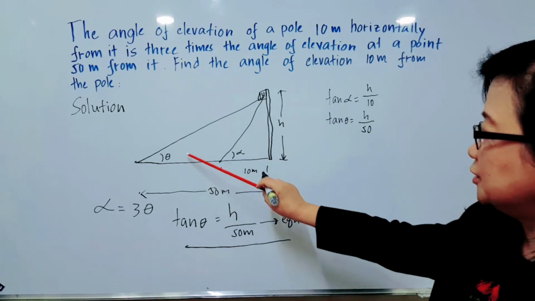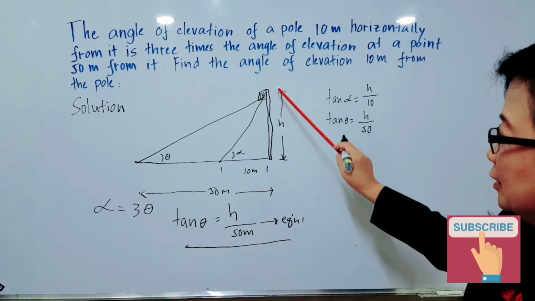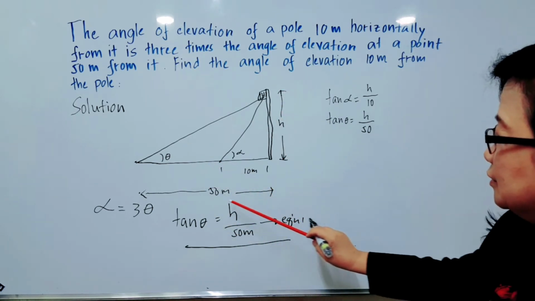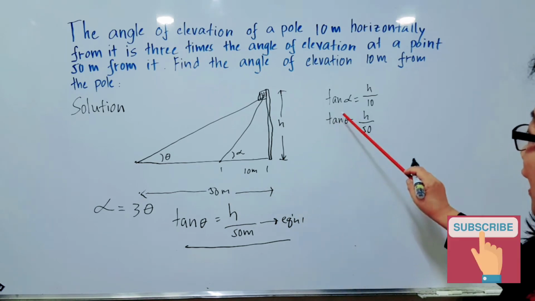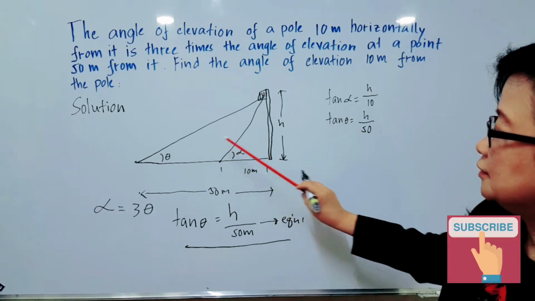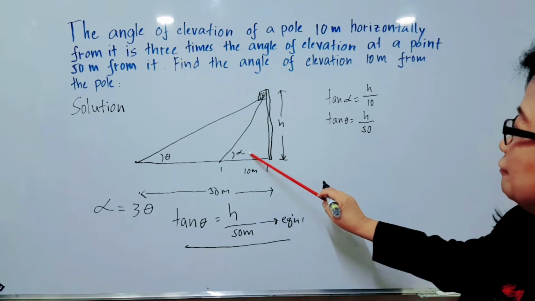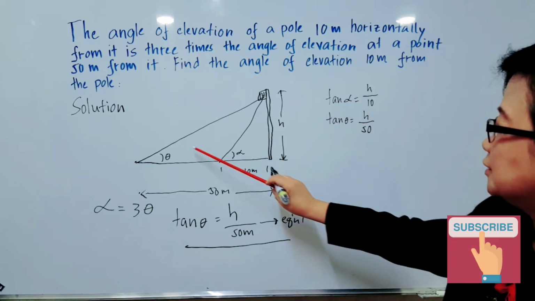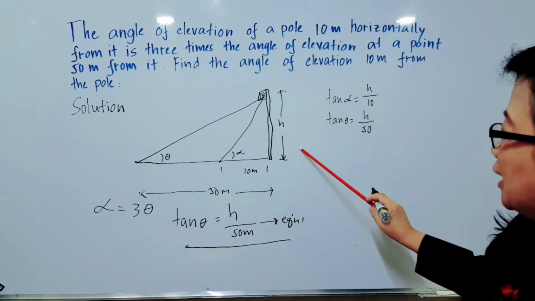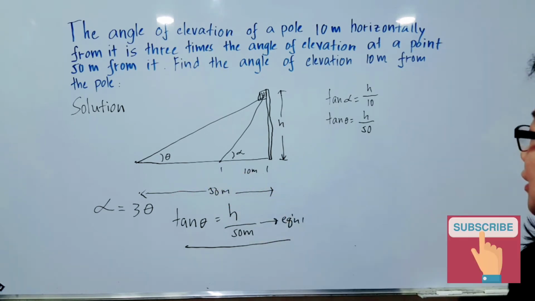Tangent theta is equal to the height over the adjacent, which is 50 meters. And if we make it individual, tangent of alpha is equal to h over 10, and tangent of theta is equal to the height over the adjacent.